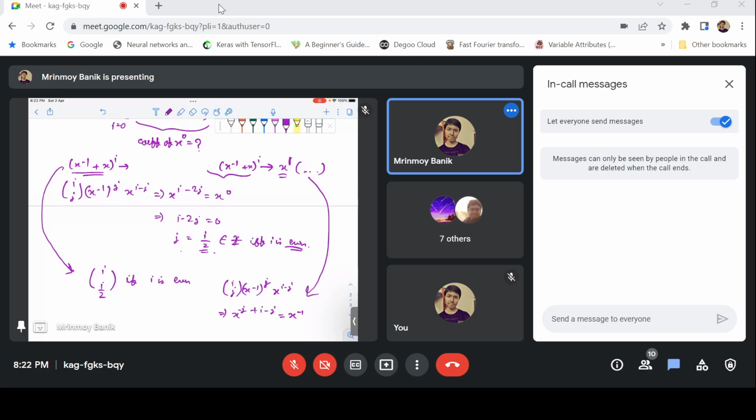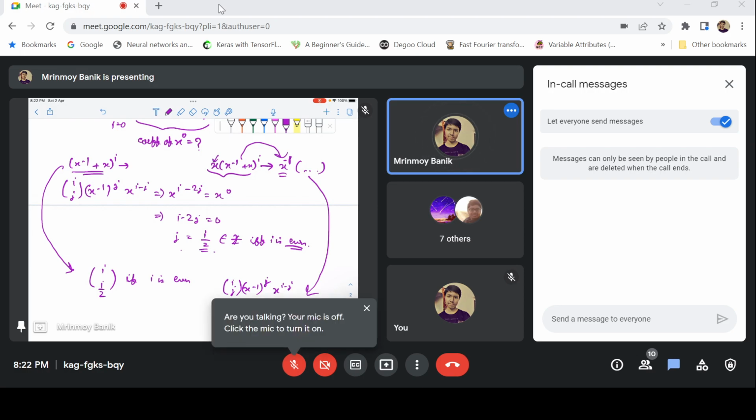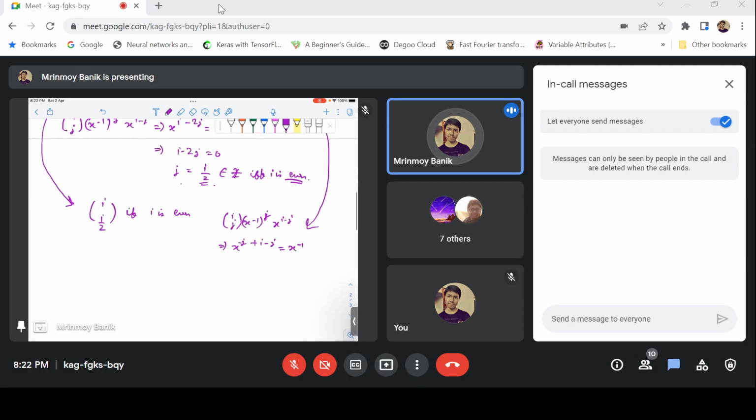So to nullify this x, the coefficient of x power 1 will be the constant term, the contribution of the constant term from this whole term. So that's why I'm equating it with x power minus 1. So we have i minus 2j equals minus 1. That gives i plus 1 by 2 equals j.